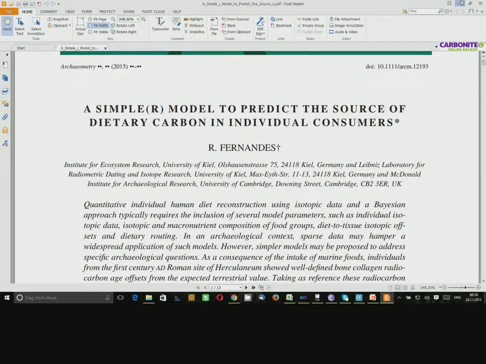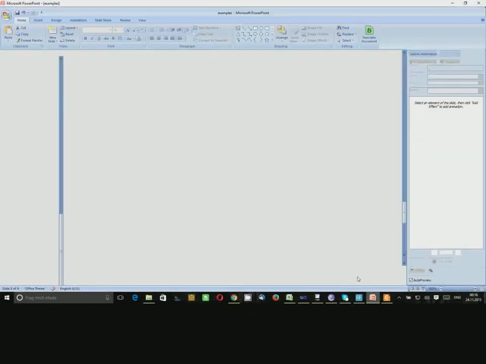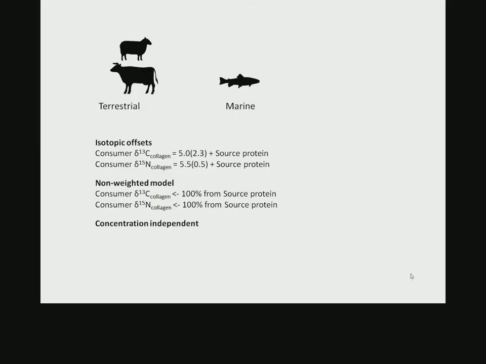Now, the goal of this research was to quantify the contribution of two types of animal foods, terrestrial and marine, towards human diets. And in terms of proxies, there were two.